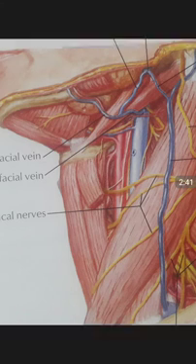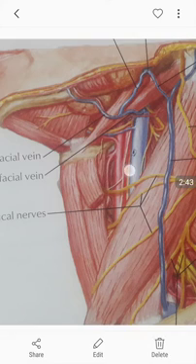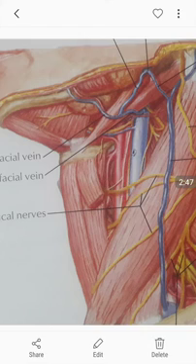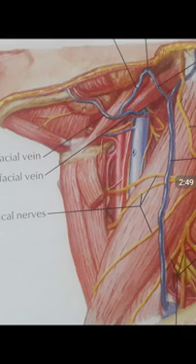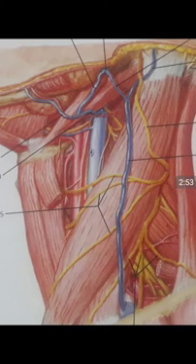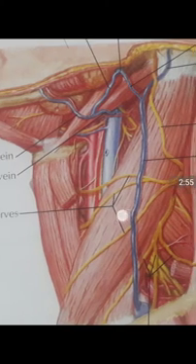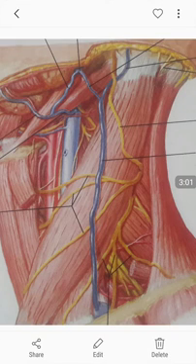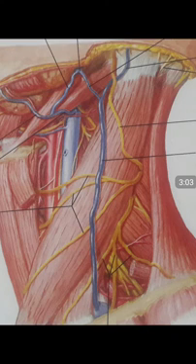Then we have the internal jugular vein, and behind them we have the vagus nerve, and this ansa cervicalis. Ansa cervicalis is also part of this triangle. And beside that we have some transverse cervical nerves, which arise from the cervical plexus and supply the cutaneous innervation of the neck.